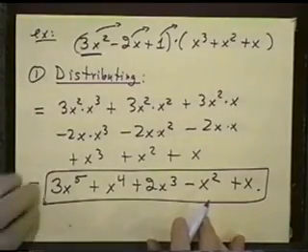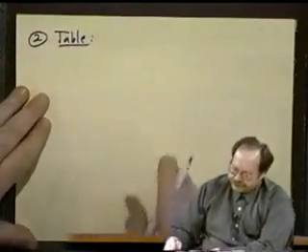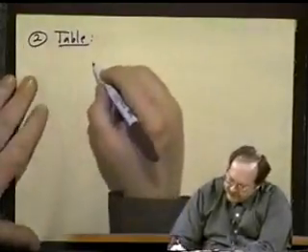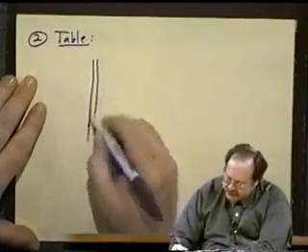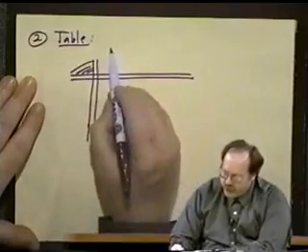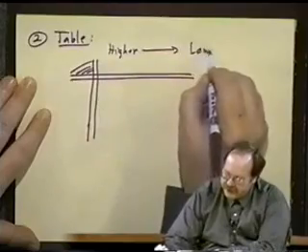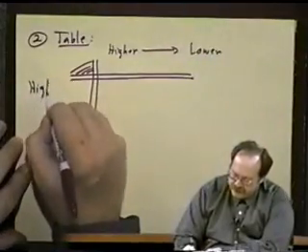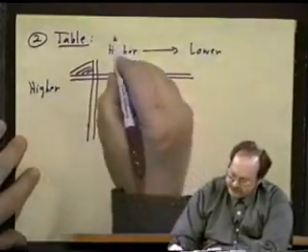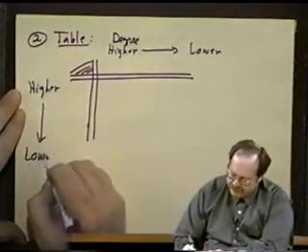Now, let me do it the other way, which again is my favorite. I'll call it a table this time. Maybe that's what we should call it. And let me point out that this works exceptionally well if you always put your polynomials in standard form and then write them higher to lower here, and then higher, that means higher degree, okay, to lower, and then higher to lower this way.